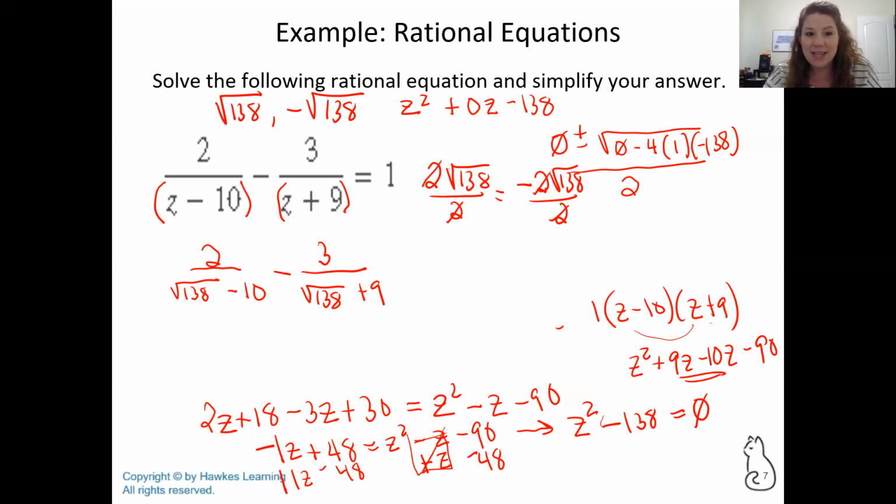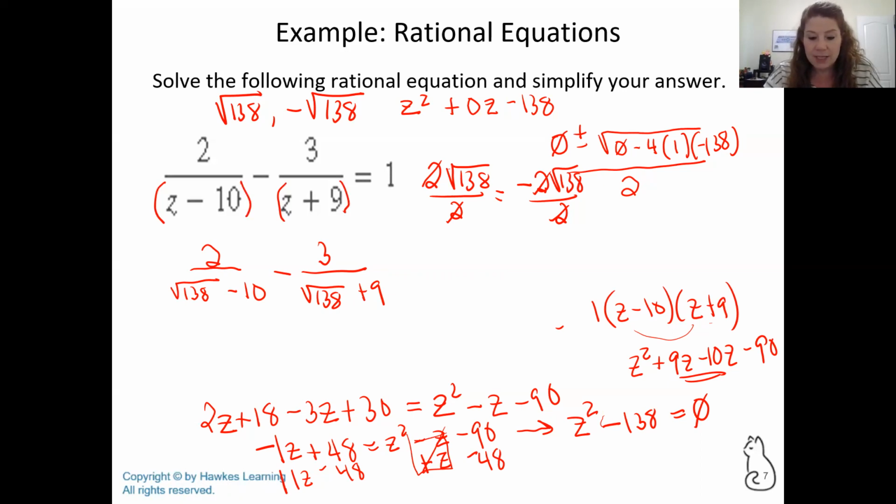All right, let's try the negative 138. So I'm going to do in my calculator 2 over negative square root 138 minus 10, minus fraction 3 over negative 138. Uh-oh, dang it. Radical, oh, I messed that bottom one up.